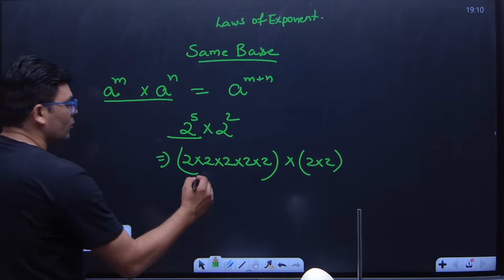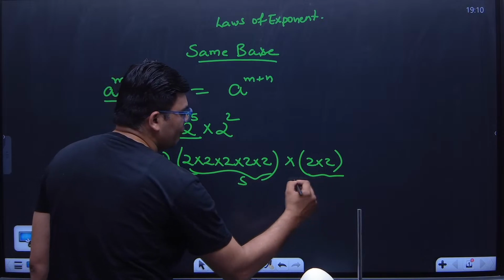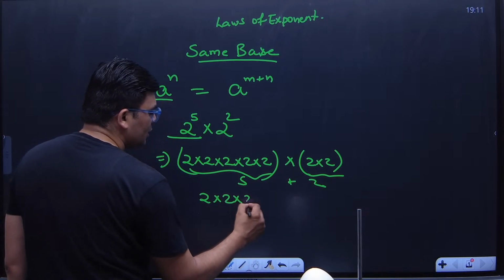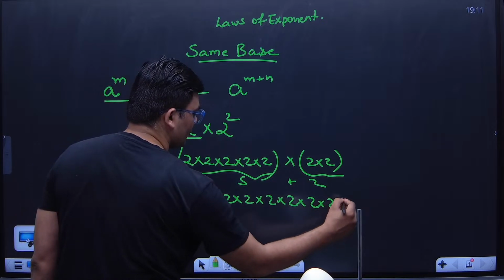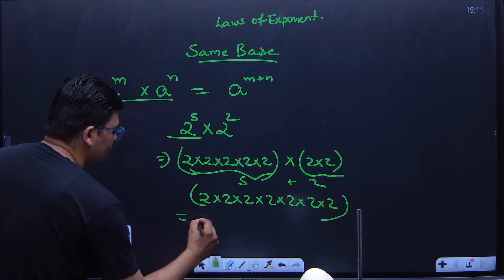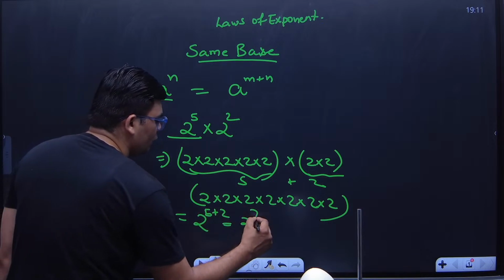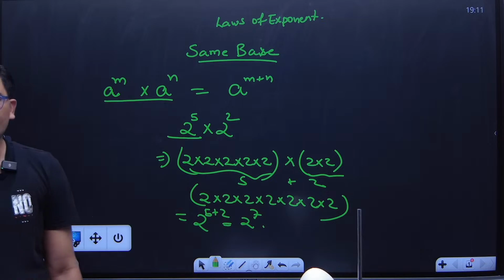In total, 2 is multiplied how many times? You will say, sir, 5 plus 2, so 7 times. So this will be equal to 2 raised to the power 5 plus 2, which is 2 raised to the power 7. All right?